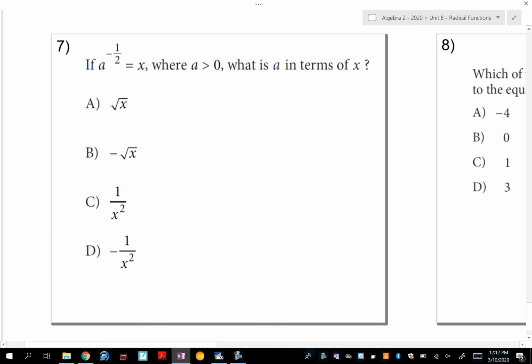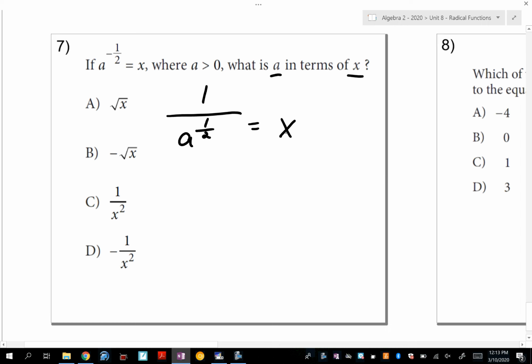Number 7 says if a to the -1/2 power equals x, what is a in terms of x? Now, I chose this to be on the review because you're actually solving for a. So the first thing I did was change this -1/2 to be 1 over a to the +1/2.